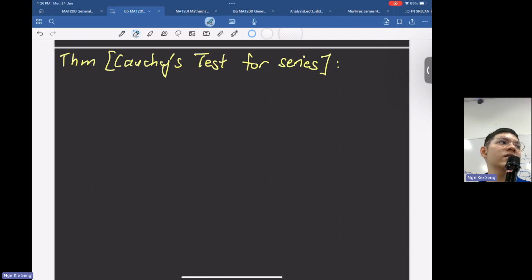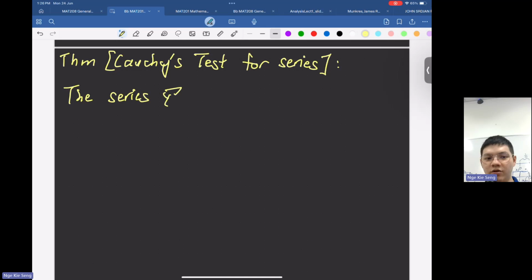Any two terms after N differ by less than epsilon. It is similar here. We just replace the sequence with the n-th partial sums.